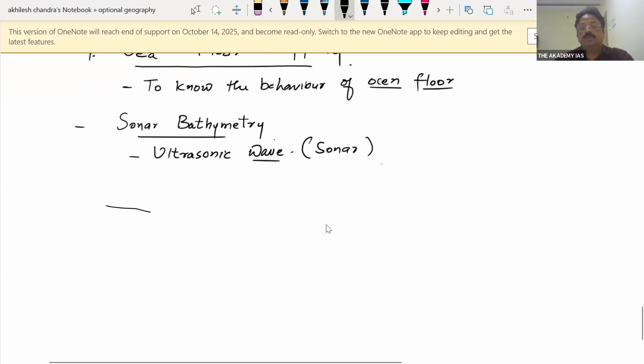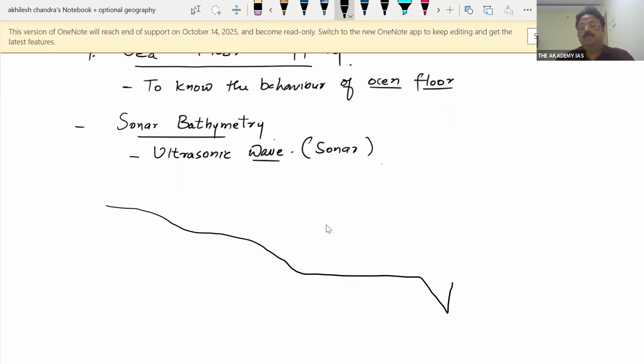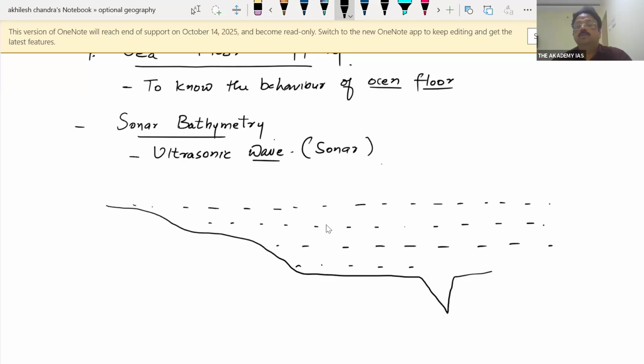Suppose that this is the ocean and there will be different parts in the ocean, and for almost 10 years, the entire world was engaged. All those concerned with geography, geology, oceanography were doing one job, and that was ocean floor mapping.